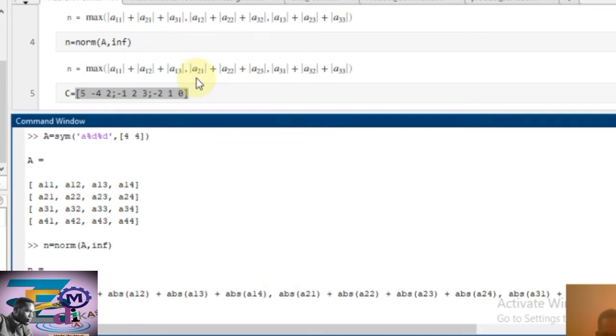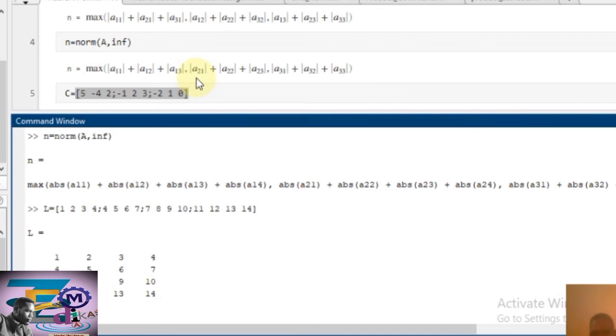Let's say 1, 2, 3, 4, then 4, 5, 6, 7, then 7, 8, 9, 10, then 11, 12, 13, 14. So this is a 4 by 4 matrix. Then close the bracket, and it will display as a 4 by 4 matrix.